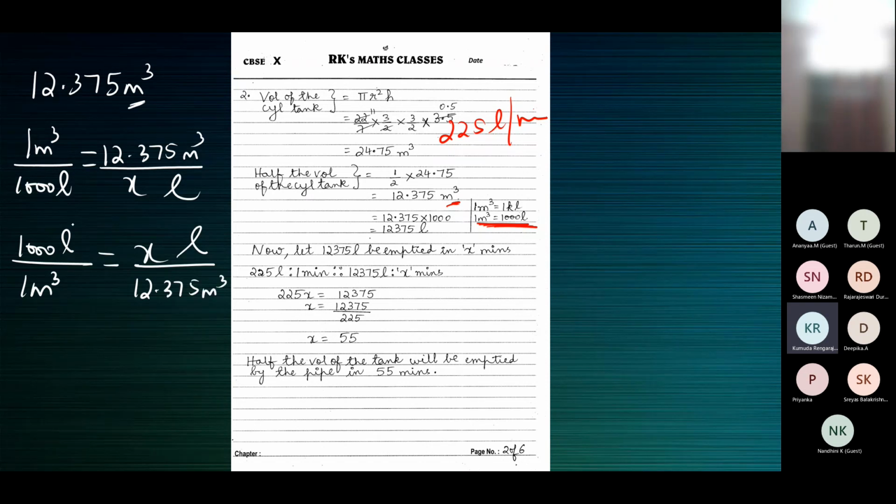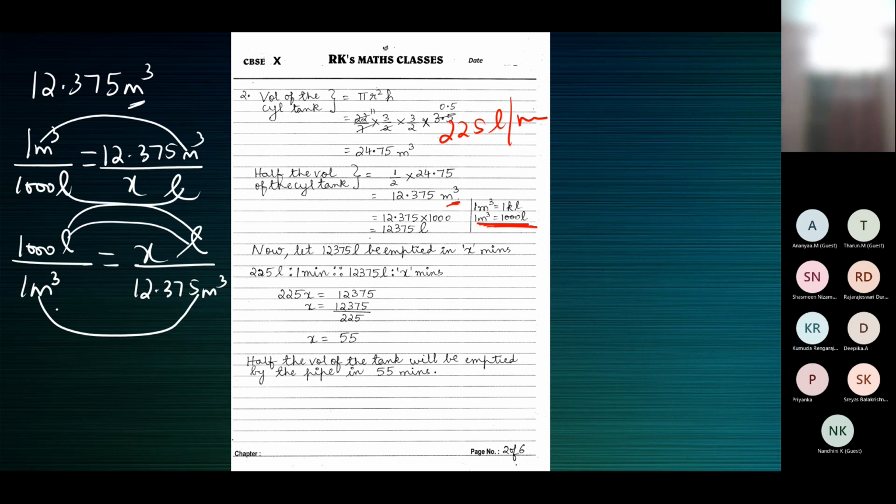Make sure that you have the same units in the numerator and in the denominator. You should not mix that. Either it is meter cubed in the numerator and liter in the denominator, or the other way. So how will you get the answer? Just cross multiply. Leave the units. X into 1 is x, equal to 1000 into 12.375, which is 12375 liters.